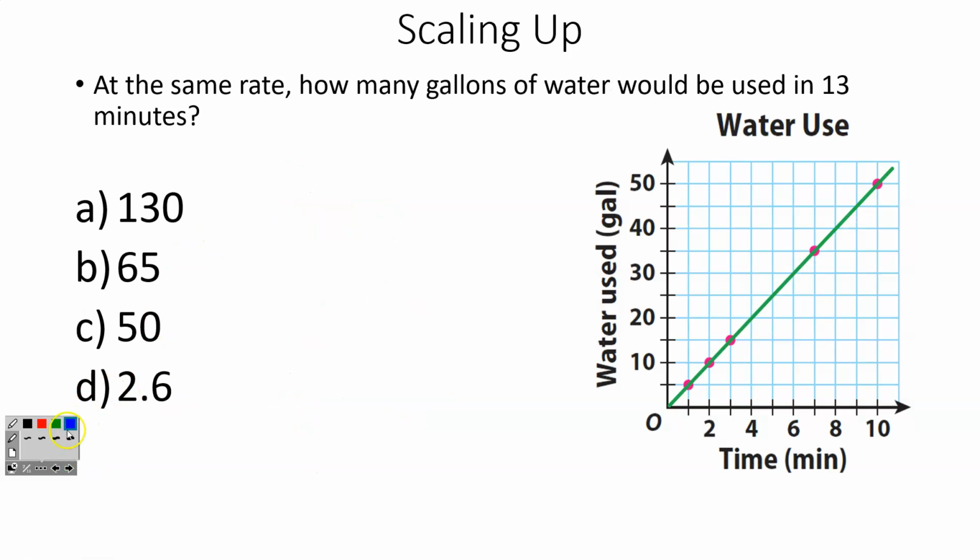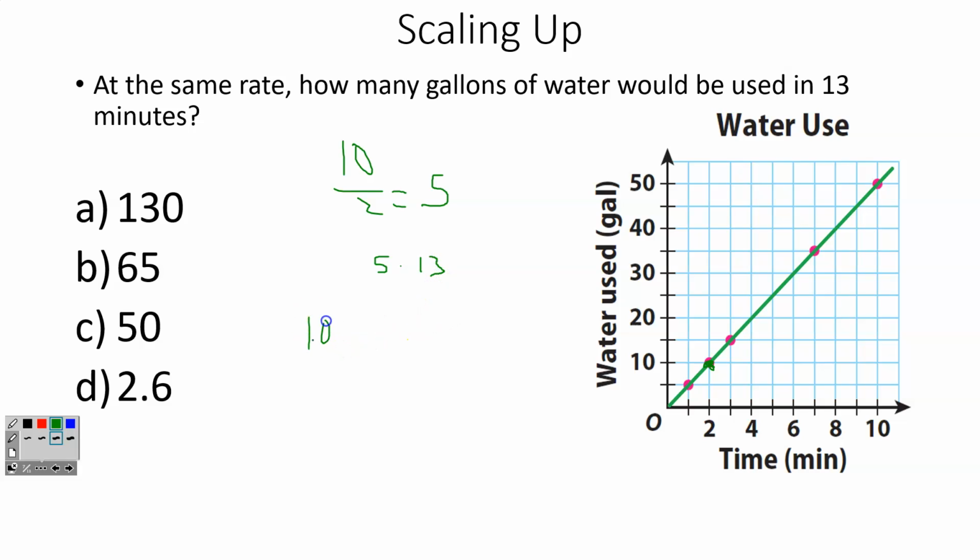This one is a little bit different. How many gallons of water would be used in 13 minutes? Okay, well, if I use this point right here, I would do 10 over 2, which would be 5. So then I would say it would be 5 gallons per minute. And now I could either do 5 times 13.